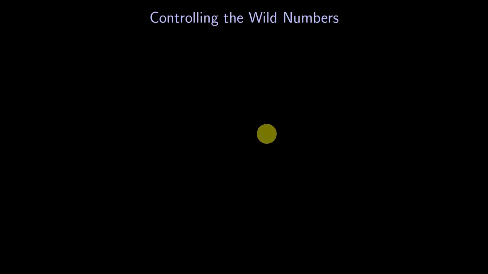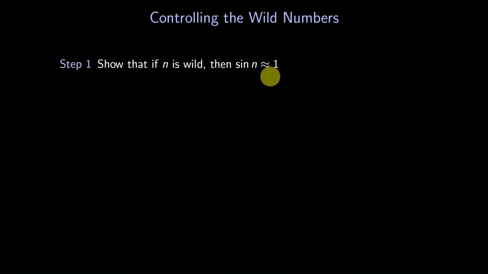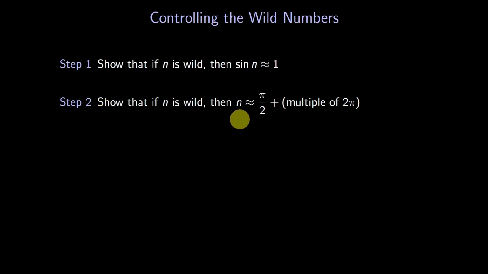Here we'll outline our plan for controlling the wild numbers. First, we'll show that the sine of a wild number is near 1. That will follow from the definition of wild. Second, we'll identify where the wild numbers are near. That will follow from properties of the sine function. The third step is the hardest.